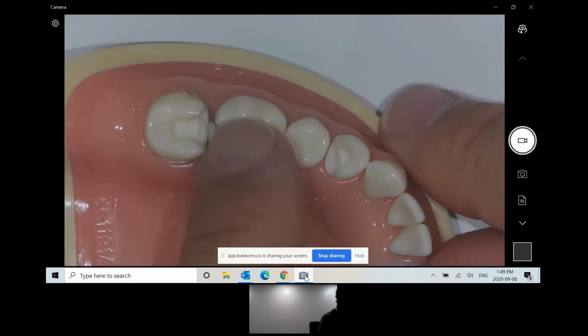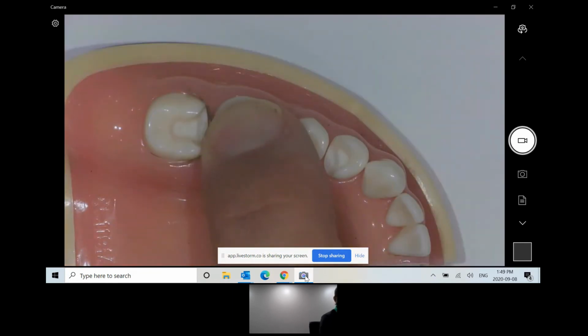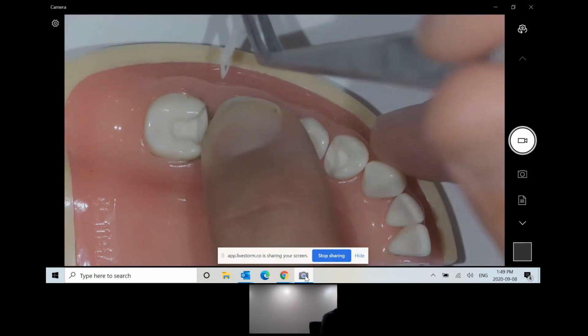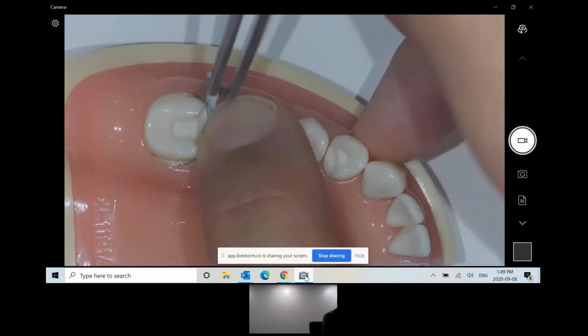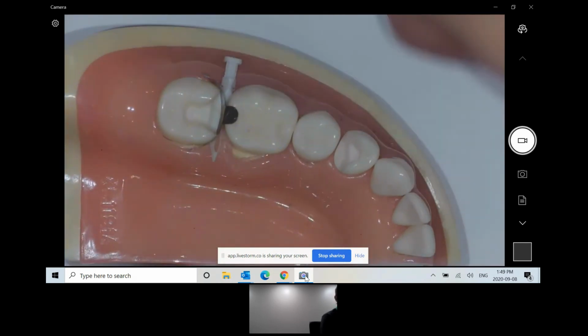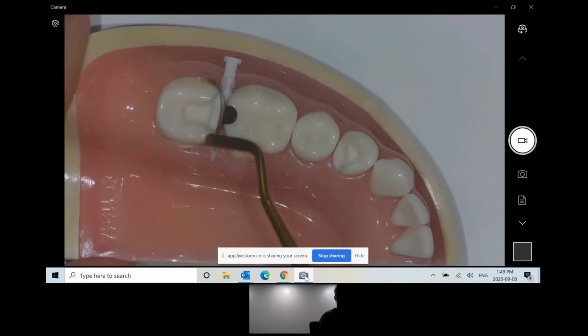Then we always want to fold that little tab over on the adjacent tooth and then come in with our wedge. Using that suture analogy, push it through, and now you can see how the wedge has reopened.